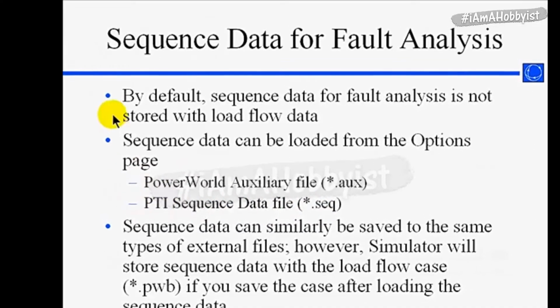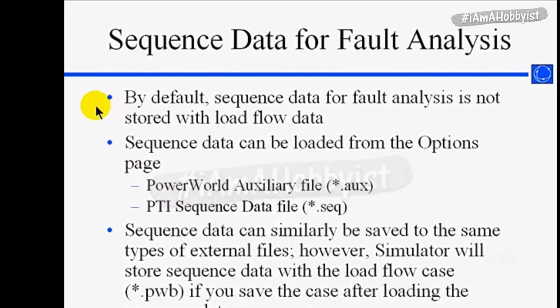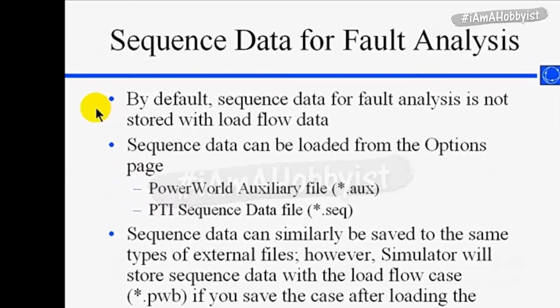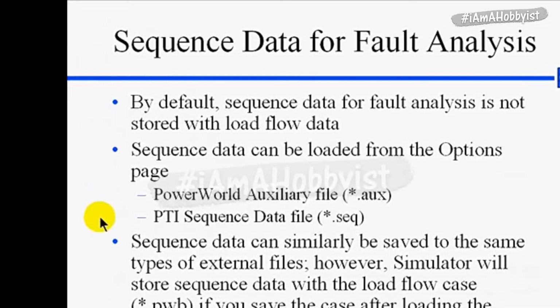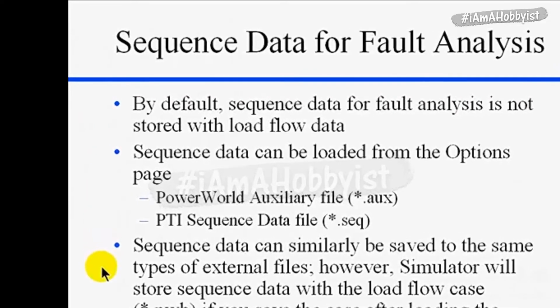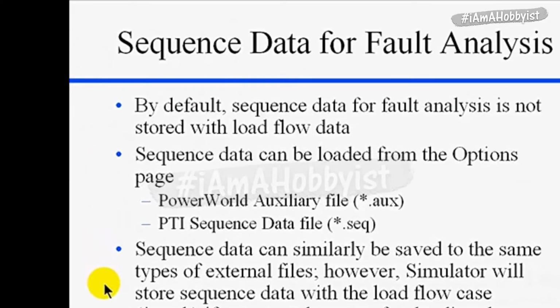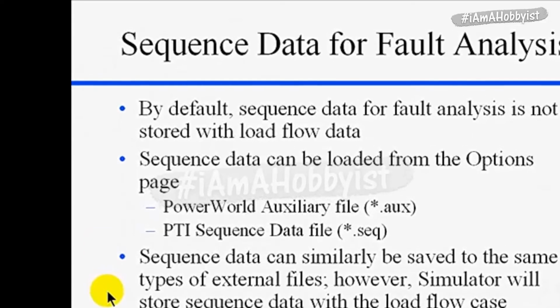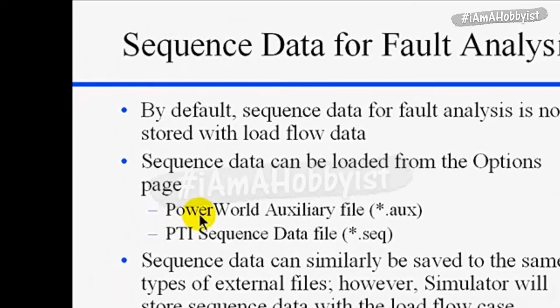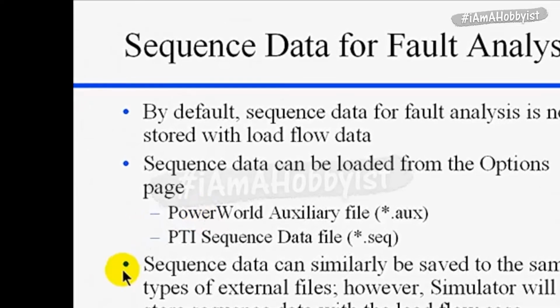The sequence data is normally not stored with the load flow data. However, if you save the PWB file from Simulator, then the sequence data will be stored. You can also save this data out to an auxiliary file from the Fault Options tab if you wish to use it with a different case.